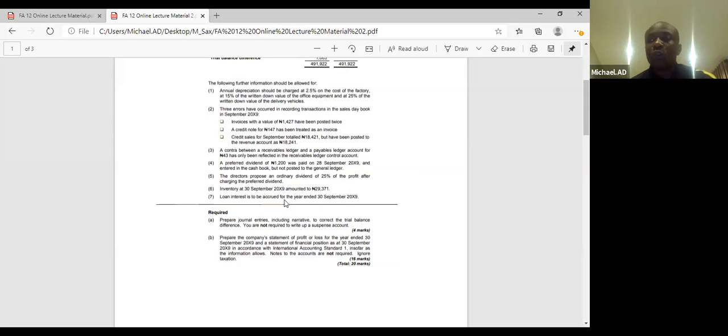So how do we know if something affects your trial balance? Basically, if the entry is one-sided, you will know that this entry affects our trial balance. But if it is for both credit and debit, in a question like this that is talking about our profit or loss or statement of financial position, it's not affecting our trial balance, it's not affecting our books, it's not affecting our records, so you leave it alone.